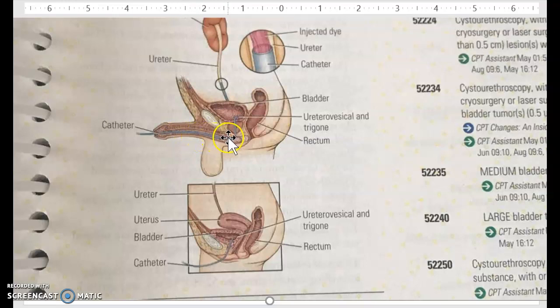The urethra goes into the bladder, and then the bladder connects to the ureter, and the ureter goes to the kidney. So the urinary system is basically the kidney, the ureter, the tube, the two tubes actually. There are two ureters, one from each kidney to the bladder, and from the bladder to the urethra, the urine is eliminated.